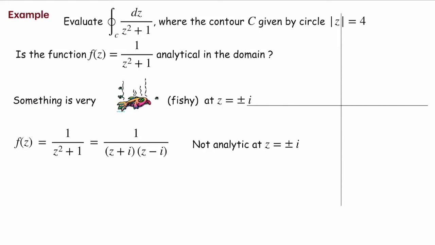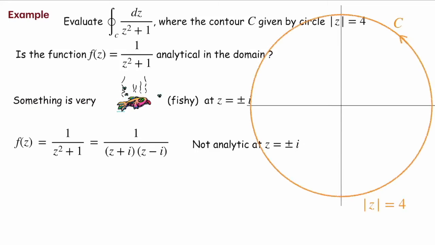Let's have a look at the region and see how it looks like. You have a contour C, mod z equal to 4, centered around 0. Then you have 2 points where the function is not analytic, that is z0 equal to i and z1 equal to minus i. Now we take a simple contour around z0 with some radius which should be less than 1 so that it doesn't overlap with the region formed by the contour around z1.